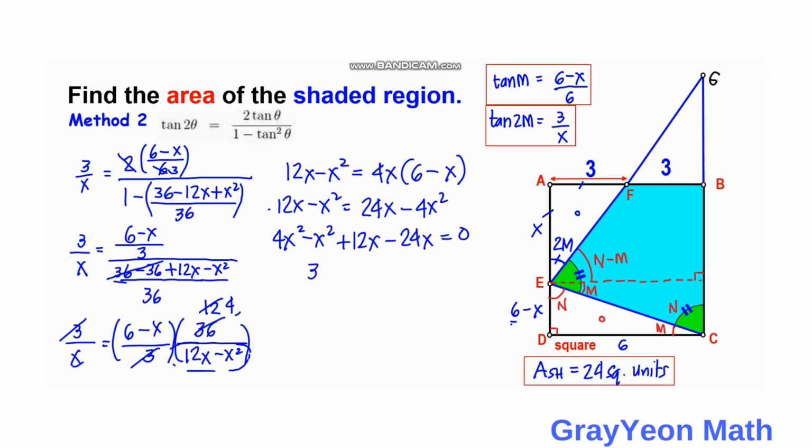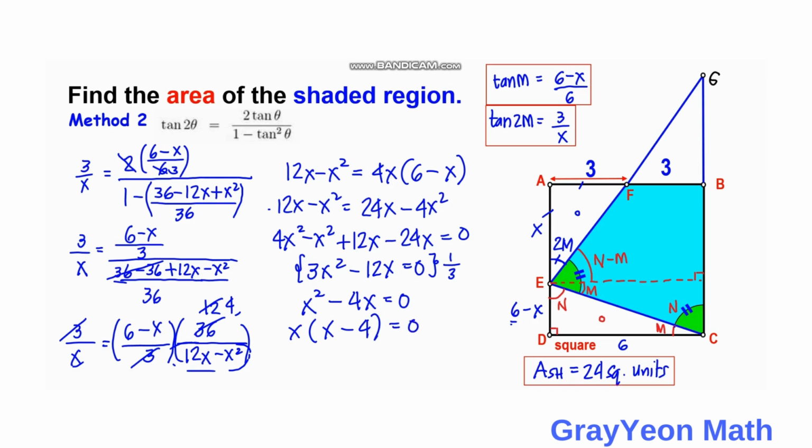So this becomes 3x squared minus 12x is equal to 0. And we multiply all of the terms by 1/3. So 3x squared divided by 3 is x squared, minus 12 over 3 is 4x, is equal to 0. And we can factor this out. So x times x minus 4 is equal to 0.